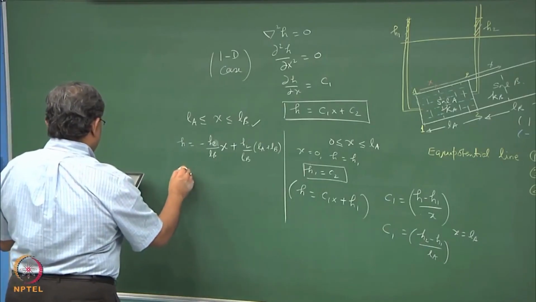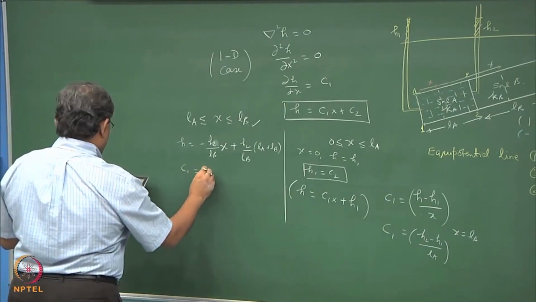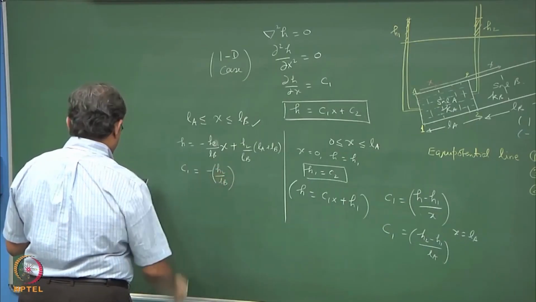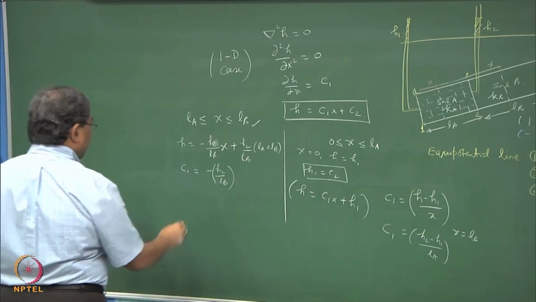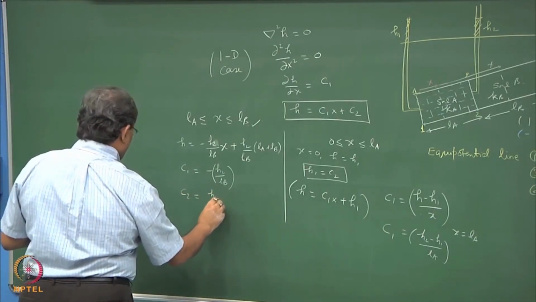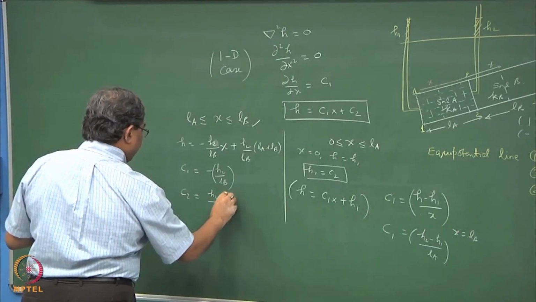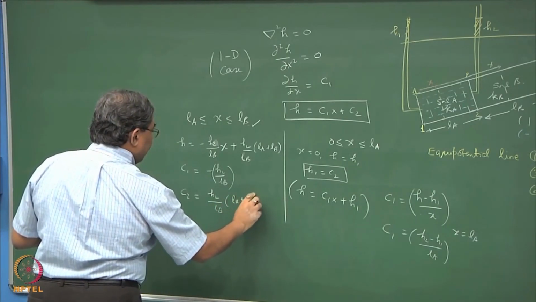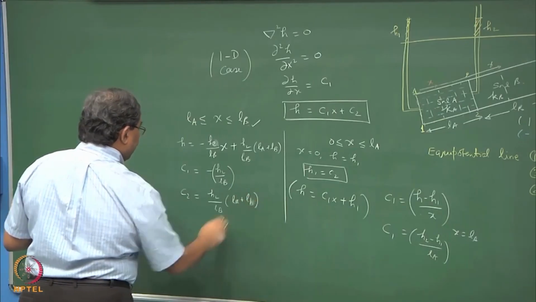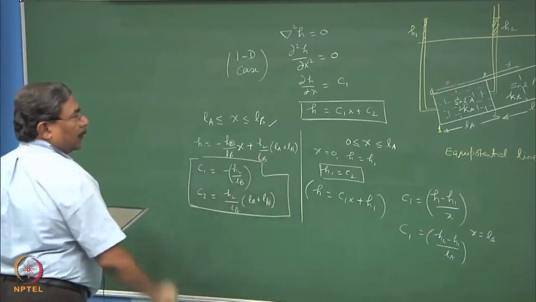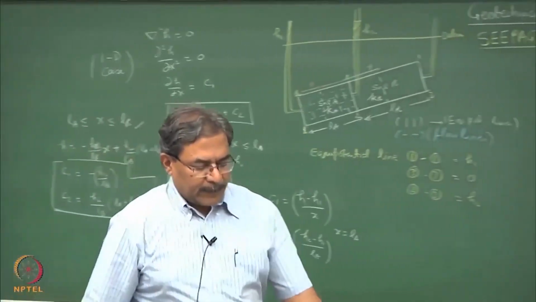So, C1 I can compute as minus H2 upon LB, and C2 can be computed as H2 over LB times (LA plus LB). So, this is the head distribution which we are trying to find out.